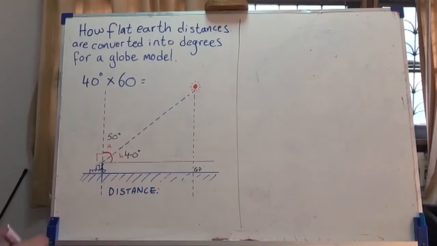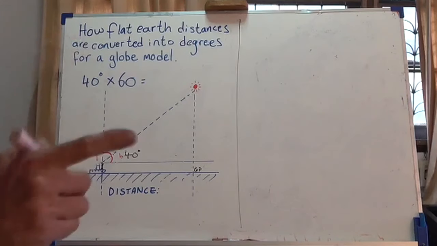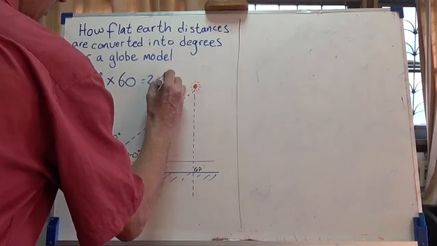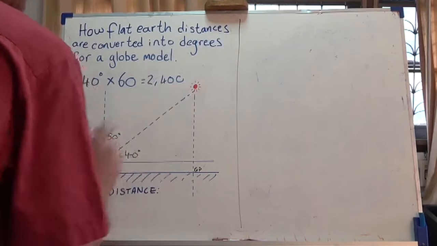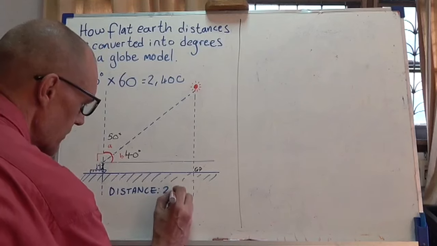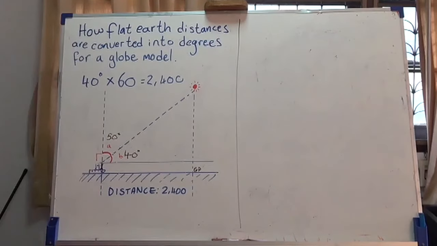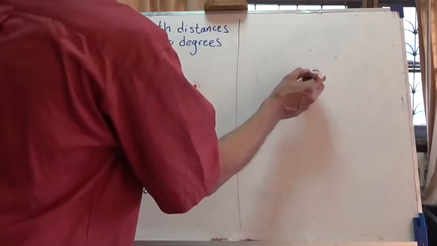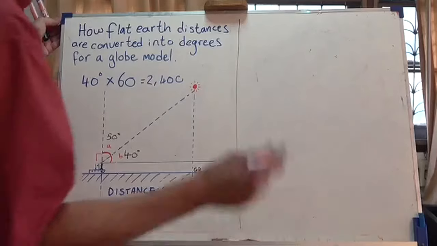And that is going to give us 2,400 nautical miles. And that is our distance. Okay? So really, what's that established for us? It's not necessarily the direction, but just the distance.